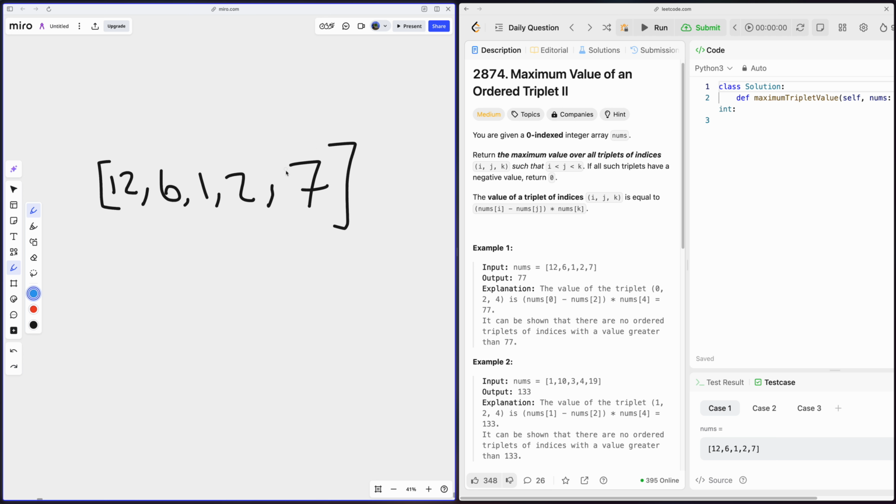Actually, maybe we could loop through j, where everything to the right of it we could hold the greatest thing, right? Because we want nums at k to be super big. And then everything to the left of j we want to be big as well, right?